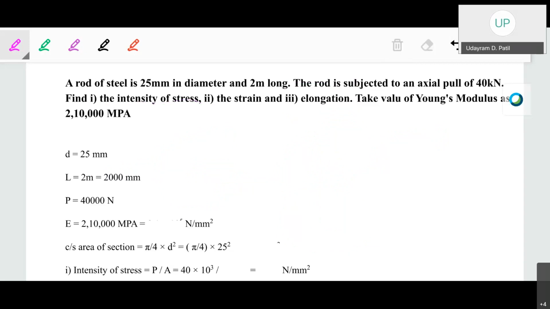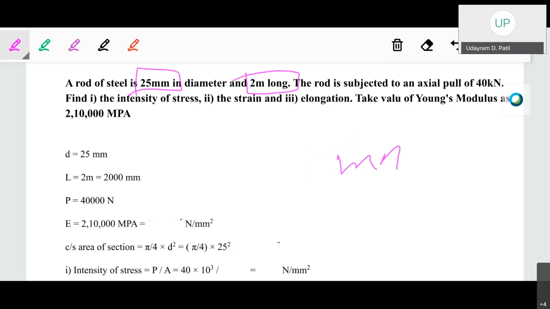Okay, so let's calculate. Another most important point while solving this numerical or any numerical of the sum is, firstly convert all of the given data into one single unit. Means if the diameter is given in mm, then length should also be taken in mm.